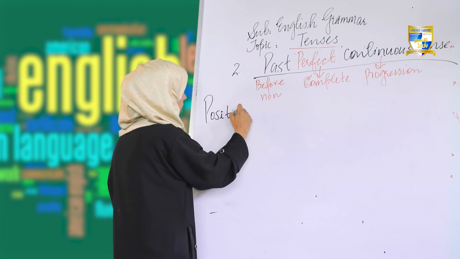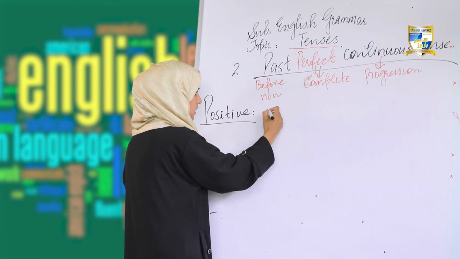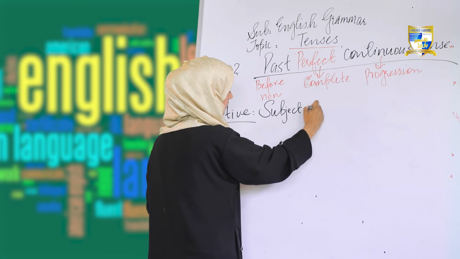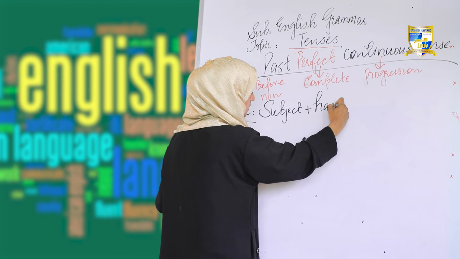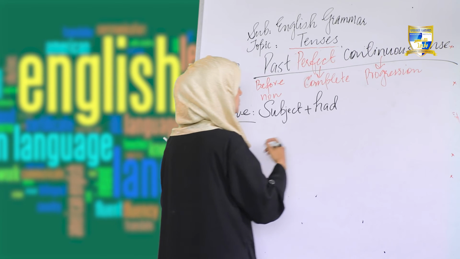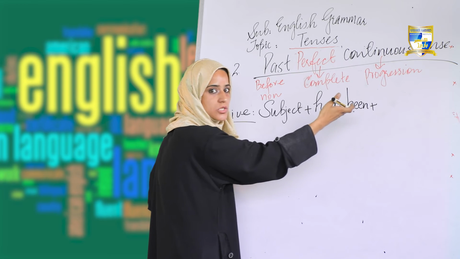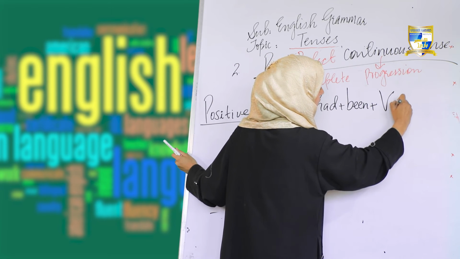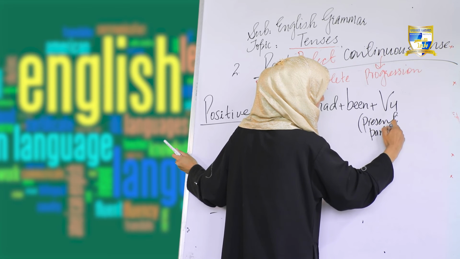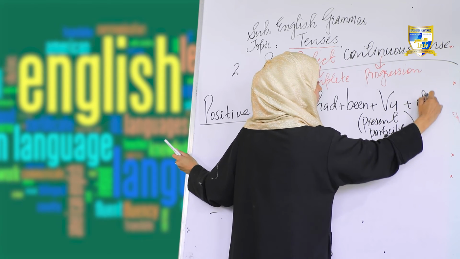The pattern goes like this: subject, then had, since it's a past tense, so we use had with both singular and plural subjects. Subject plus had plus been, and then since it's a continuous tense, we have the verb plus ing, the present participle, plus object.